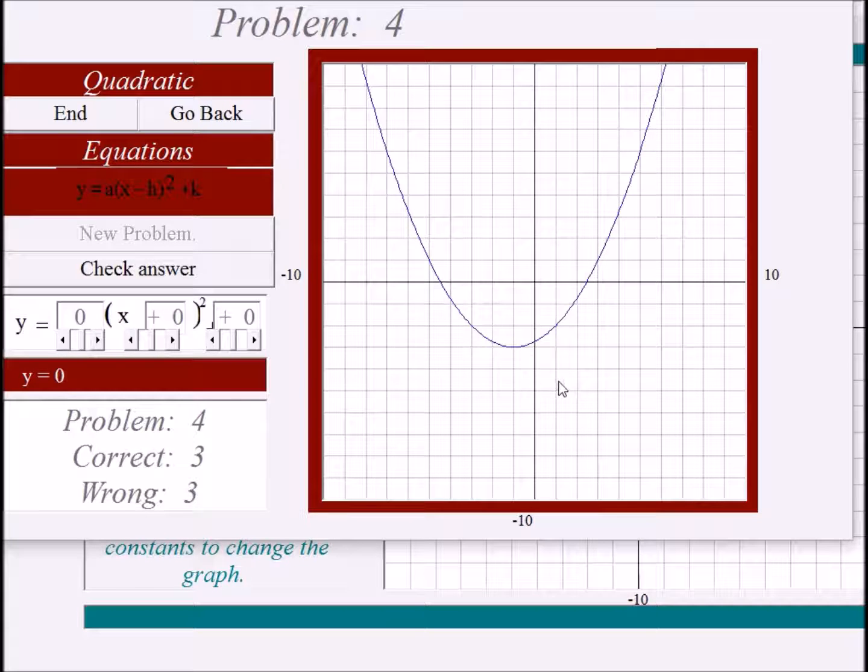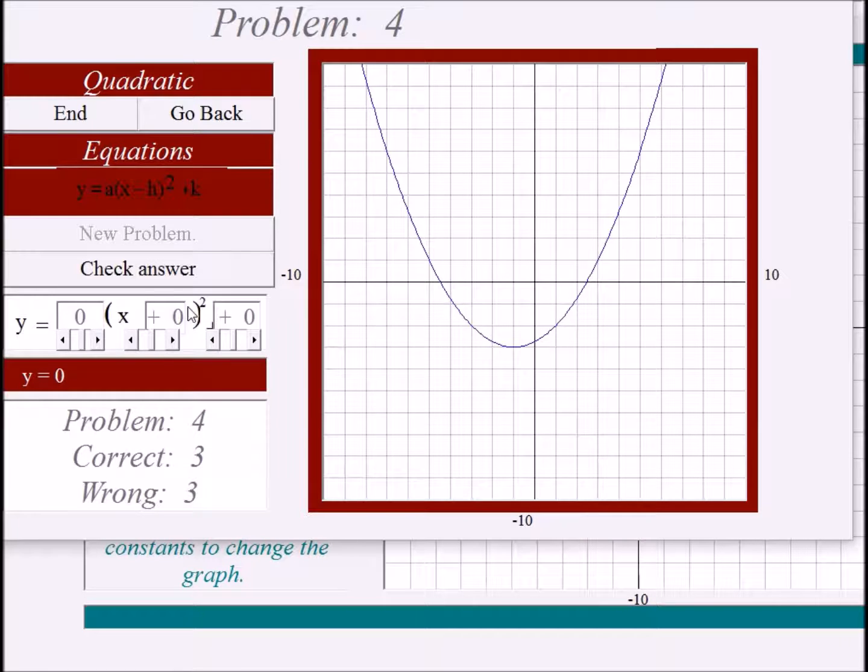This will be the last one, and I hope you can solo flight on figuring out graphing quadratics in this fancy form. And you need to memorize that form. A, x minus h, the quantity squared, plus k.